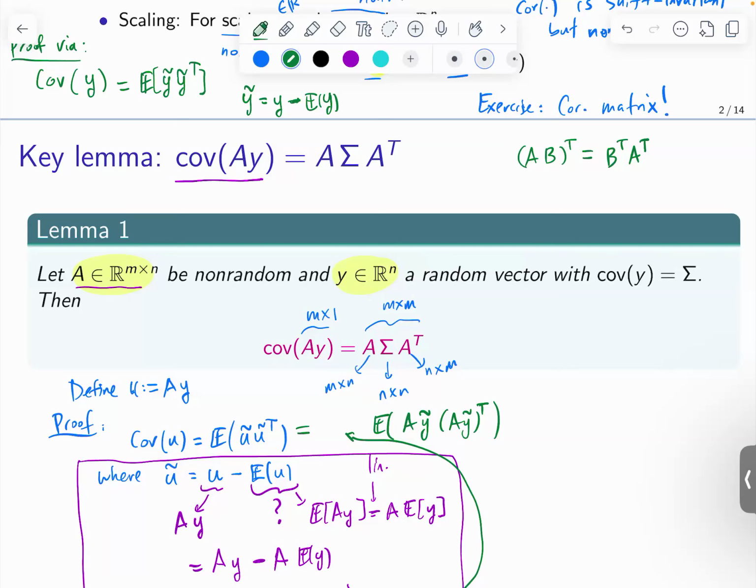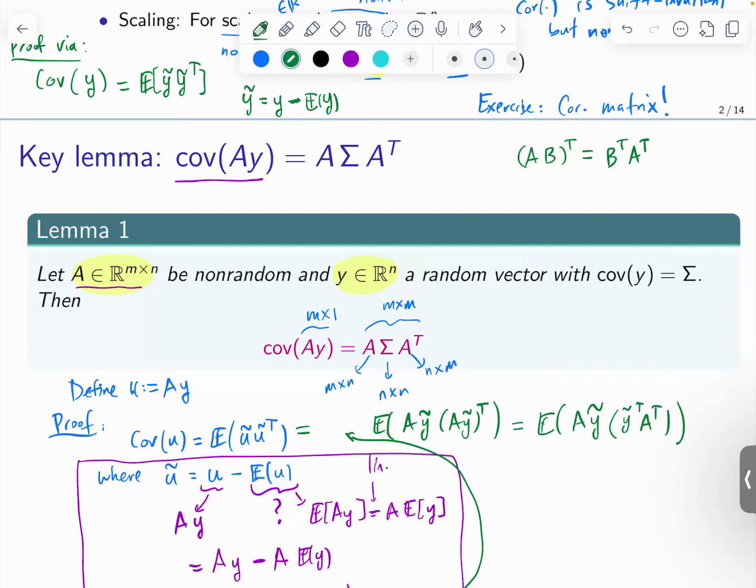So what I did here, what do I get? If I do this, I'm going to get A Y tilde, and then assuming you know Y tilde transpose A transpose, just use that identity. Now, what can I do next? Do parentheses matter in matrix multiplication?